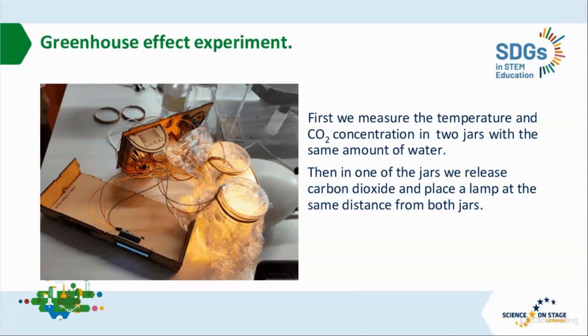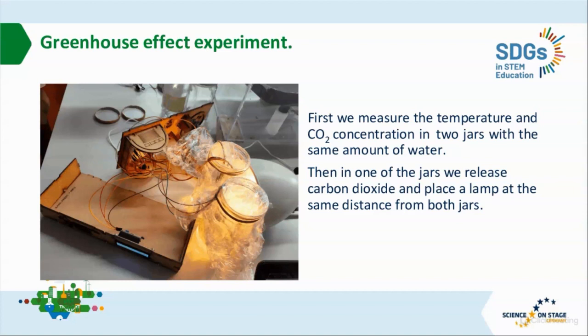You could either use two different sensors, one for each jar, but you can also use one single sensor, because you can measure just at the beginning the amount of carbon dioxide in the jar where you are not going to produce any chemical reaction. And that should be constant throughout the experiment, because you are not producing any carbon dioxide.